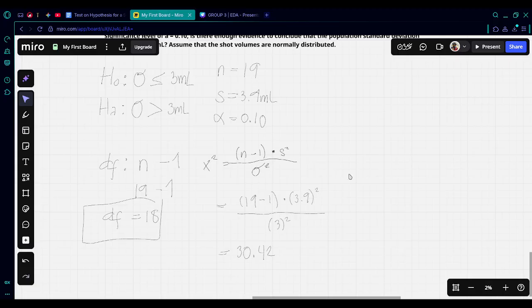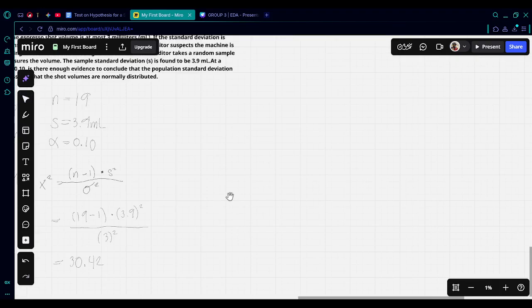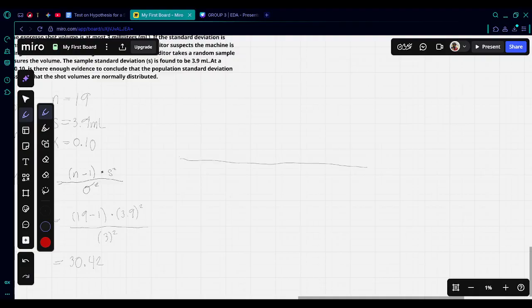Let's draw the graph of a right-tailed test for a while. For a right-tailed test, this is our shaded region, which is the rejection region, and this space here is the acceptance region.